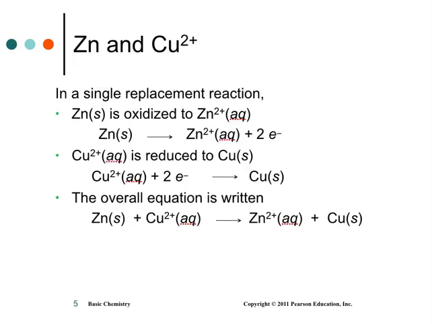So here is an example. This is just one of millions of different examples you could give. In a single replacement reaction, if you have, for instance, zinc metal, and you put it into something like a copper solution, let's say copper sulfate, which is a blue solution, you put zinc metal in it, the zinc will actually dissolve and the copper will plate onto the zinc.